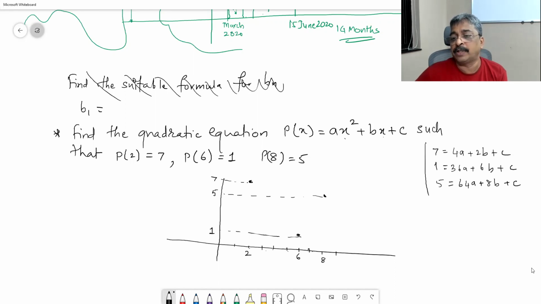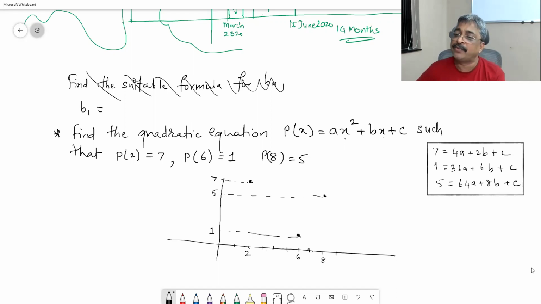Whether you can solve these equations or not is a question, but I hope one can solve these three simultaneous equations in three unknowns and you will come to know A, B and C, and you can put it back in this and of course you get the required equation.